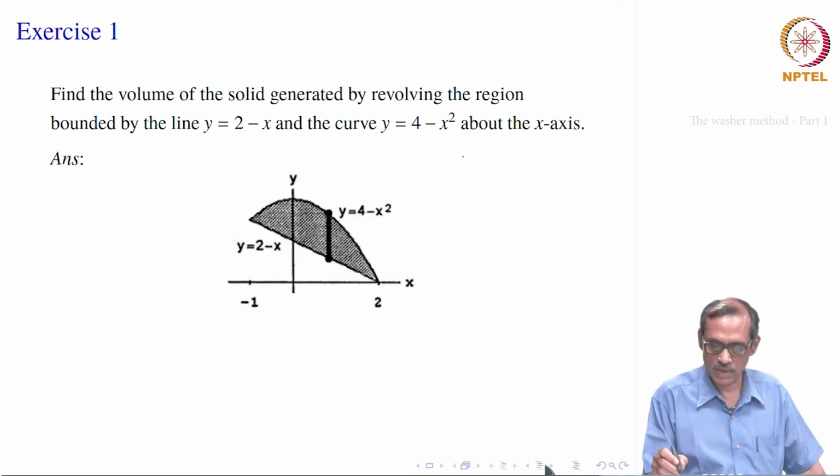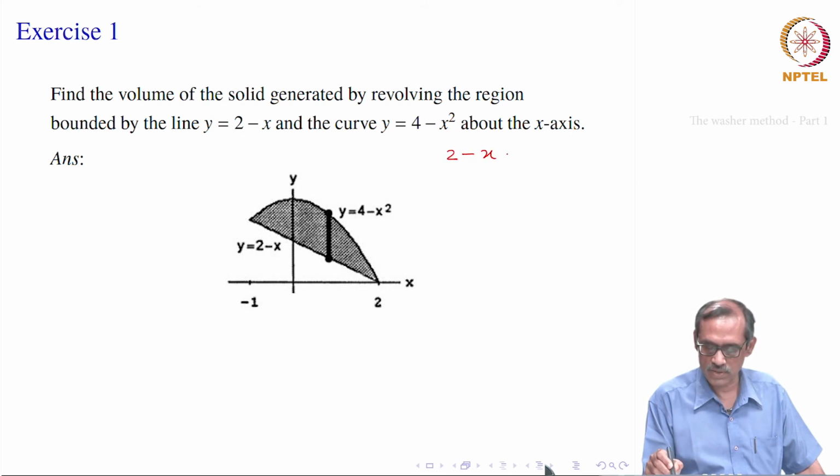Suppose you take the intersection, eliminating y, this is about the x axis, so you get limits for x. Eliminating y, we get 2 minus x equal to 4 minus x square, or x square minus x minus 2 equal to 0.